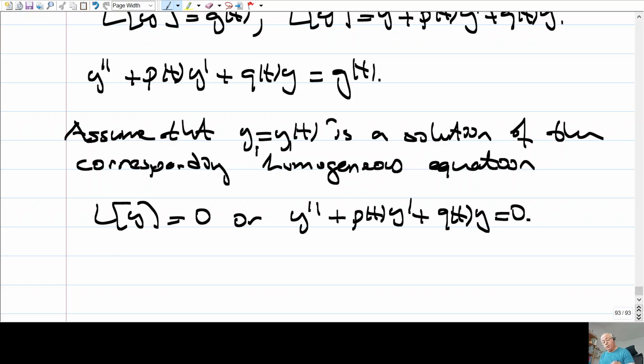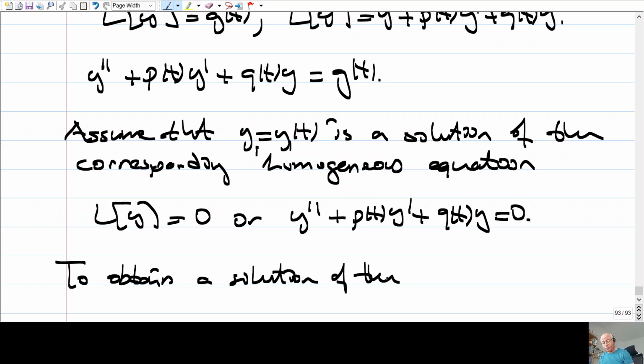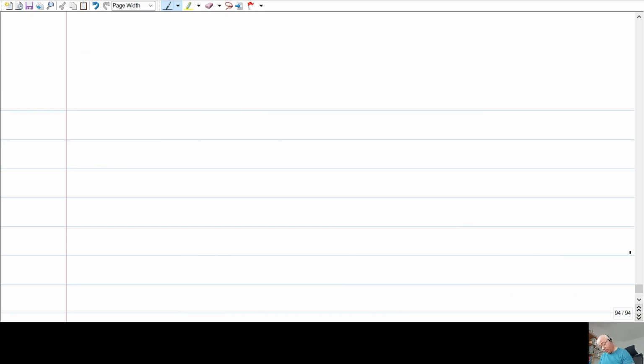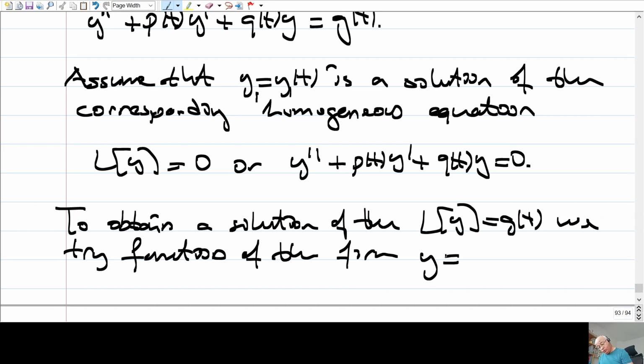To obtain a solution of the non-homogeneous equation, we try functions of the form y equals some function v times y1.